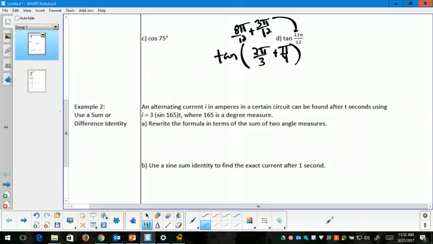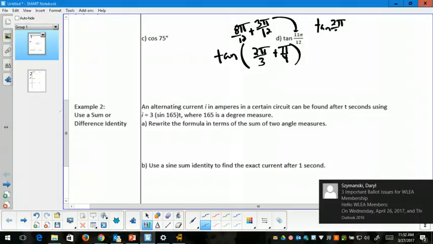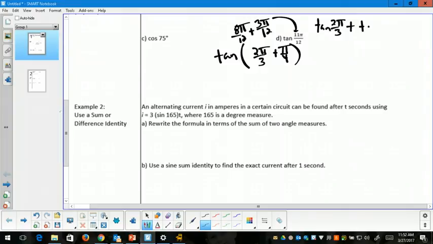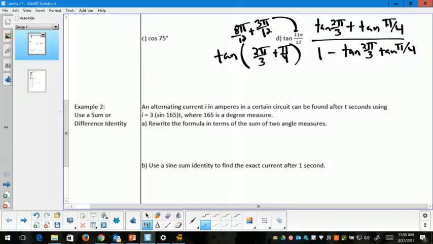So I'm going to use the sum identity for tangent. And the sum identity for tangent is to add the things in the numerator and then do 1 minus the product of them in the denominator. So what I'm really going to do is tangent of 2 pi over 3 plus tangent of pi over 4, all over 1 minus the product of tangent of 2 pi over 3 times tangent of pi over 4.